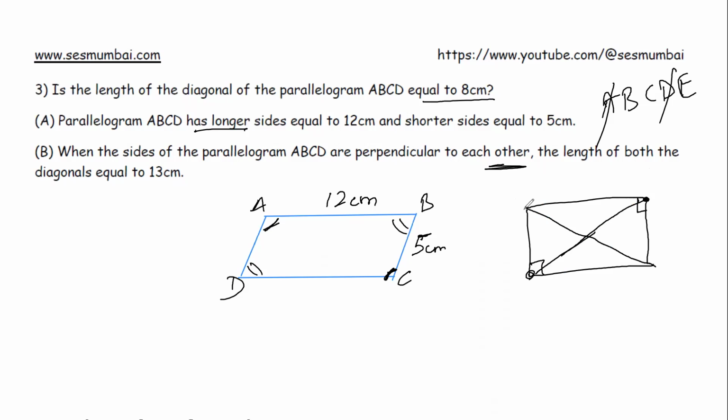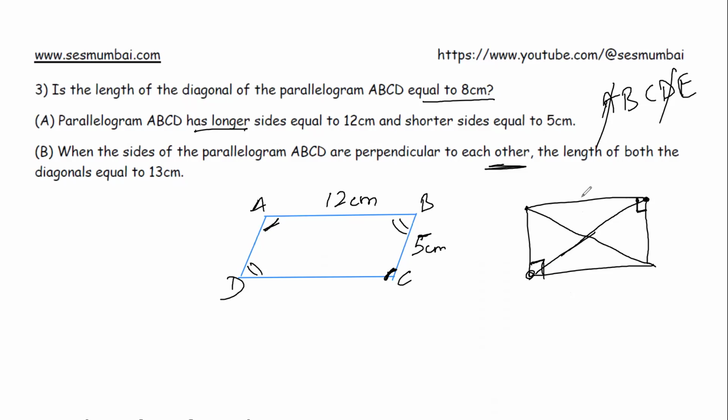I'm sorry, I must have said triangle, that was a slip of the tongue. That means it's forming a rectangle. In a rectangle, the diagonals are equal, correct? But yet we don't know the dimensions.